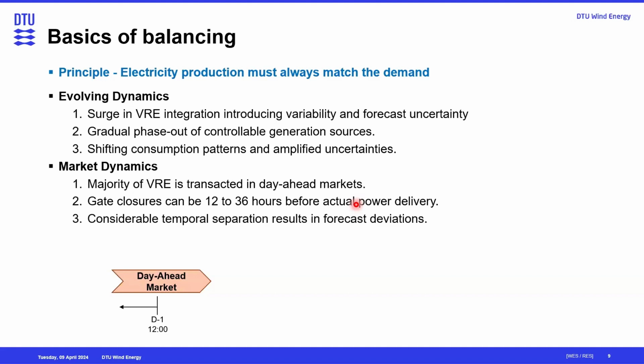What we have been seeing all around the world until now is that we have a load pattern, and generation, being dispatchable, was following the load. Now we are probably going into a shift where generation is getting less and less dispatchable.